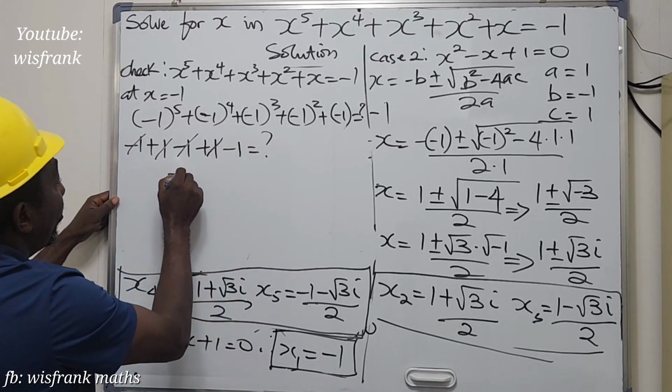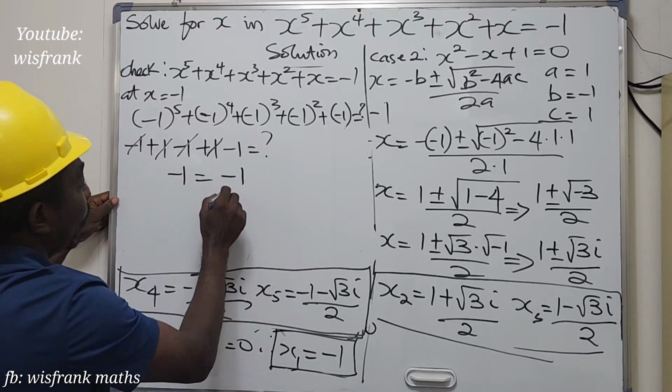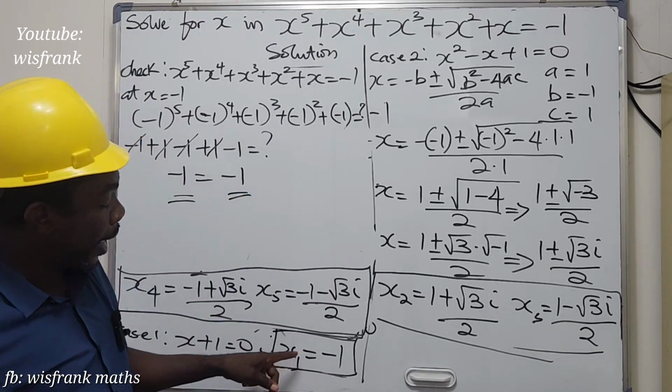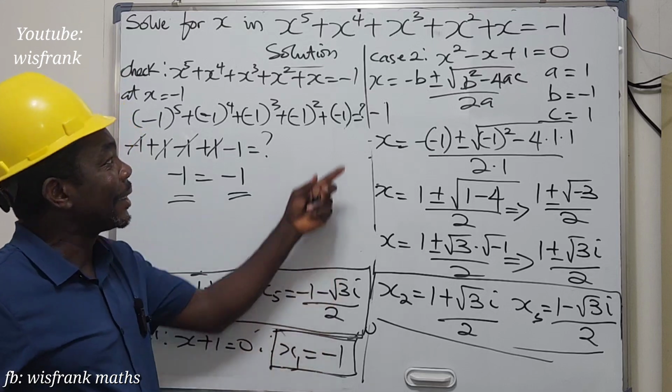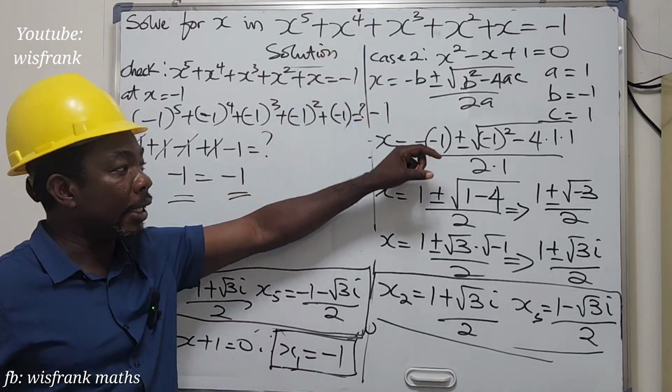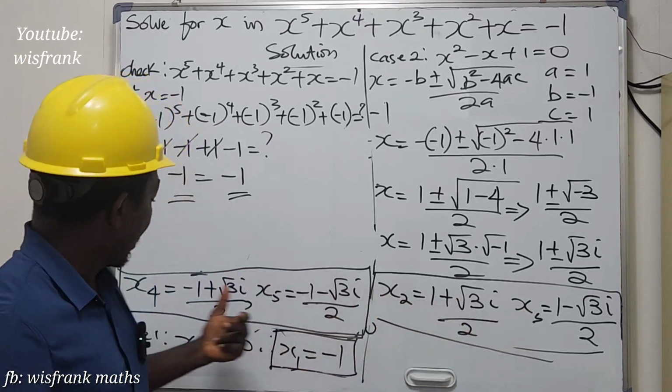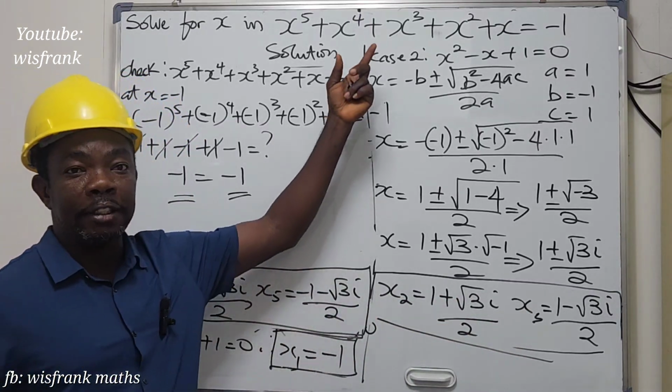We are now left with minus 1 equals minus 1. So what we have on the left hand side is what we have on the right hand side. Therefore, x equals minus 1 satisfies this equation. Therefore, all the rest of the values of x, x2, x3, x4, and x5, will also satisfy the equation.